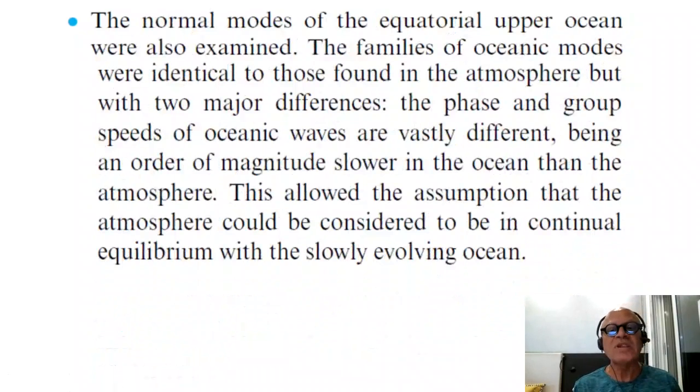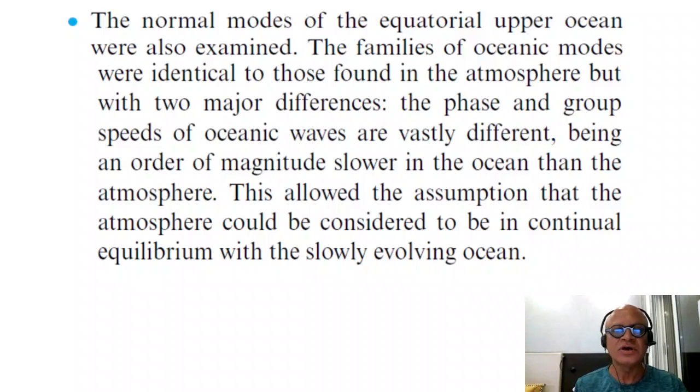Okay, the normal modes of equatorial upper ocean were also examined. The families of oceanic modes were identical to those found in the atmosphere, but we had two major differences. The phase speed and the group speed of the oceanic waves are much slower, an order of magnitude slower in the ocean than in the atmosphere.